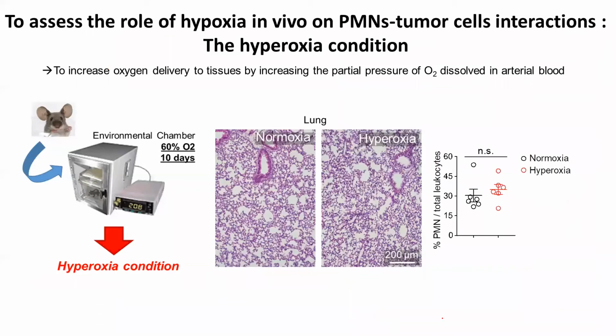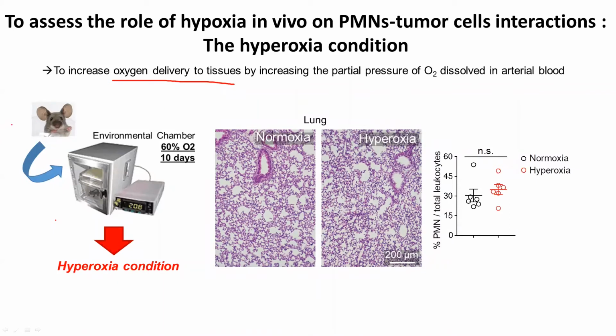So for that, to assess the role of hypoxia in vivo on this PMN tumor cell interaction, we developed a strategy, the hyperoxia condition, which consists of increasing the oxygen delivery to the core of the tissue by increasing the partial pressure of oxygen dissolved in arterial blood.